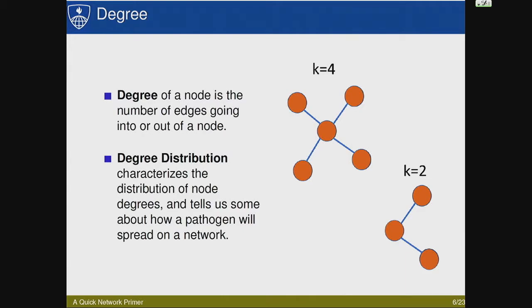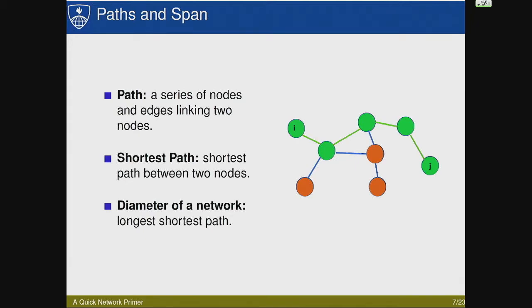Here, this node has a degree of 4, and this one has 2. The degree distribution describes the distribution of degree across the whole network, which has a huge influence on how the disease spreads.